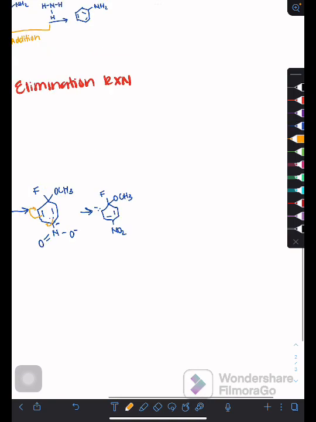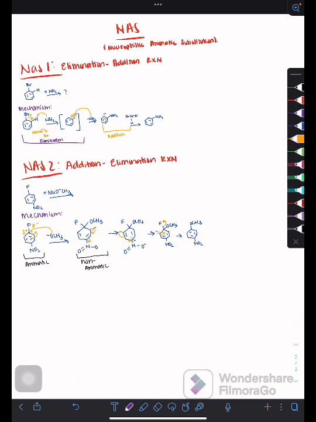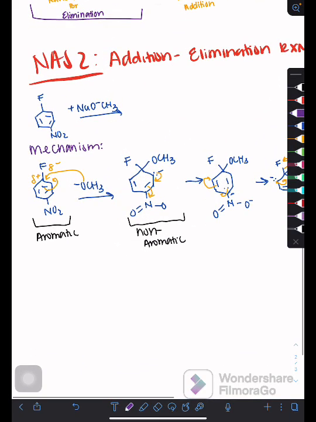Then these lone pairs attack over here, which will then make this F group leave, which will ultimately give us the product of this. So going back to naming it, this will be the addition because we added this OCH3 group.